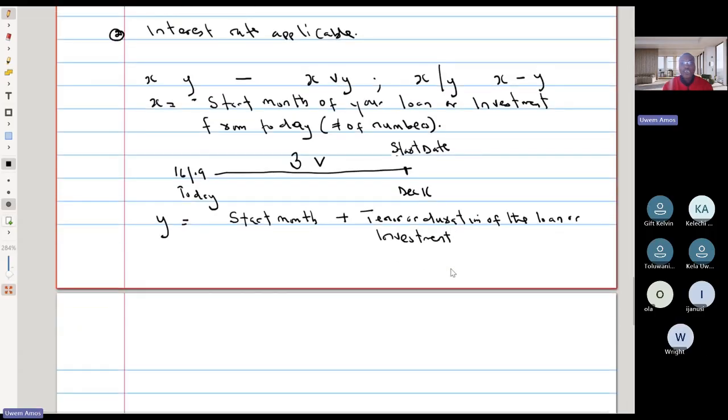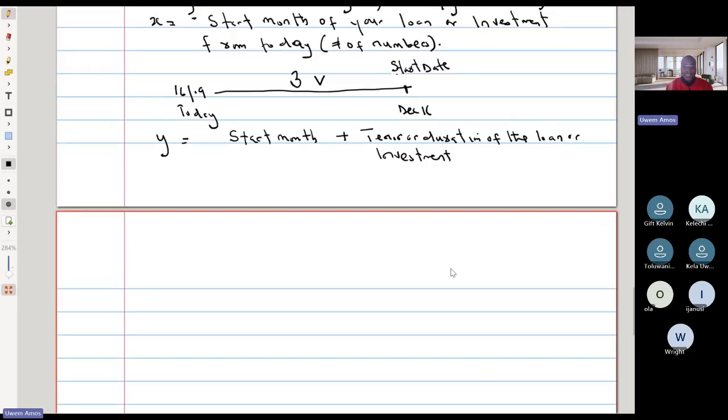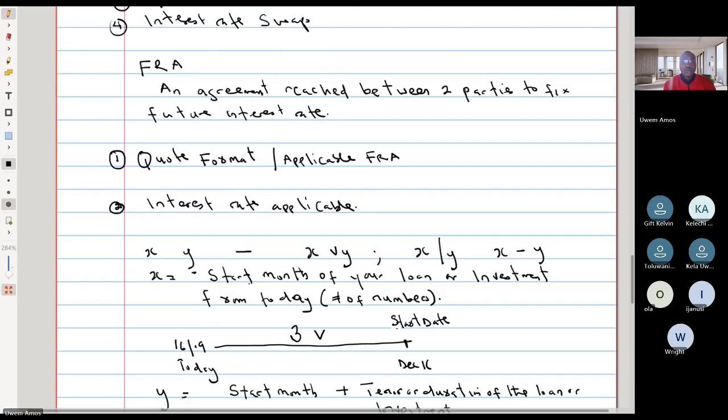Okay, so let's put that quickly. We know that our start month is in 3 months, which is December 16. But when Mr. Bickard borrows on December 16, for how long will he hold on to the money? That is the tenor of the loan. Let's go to our question and see what that would be.